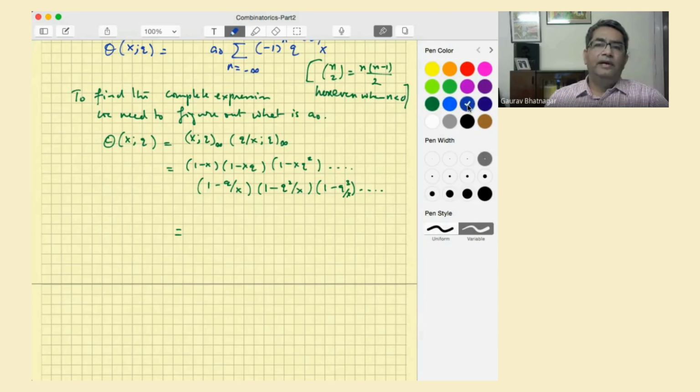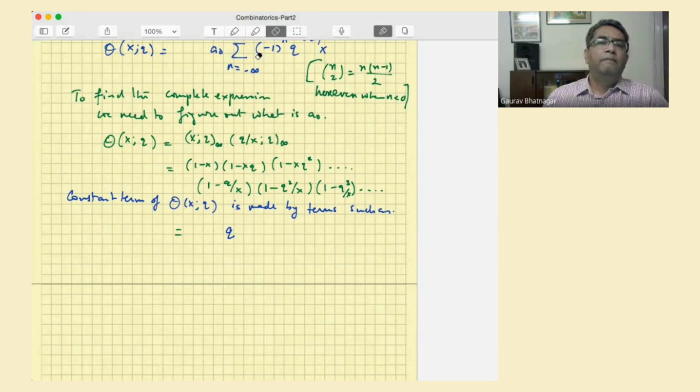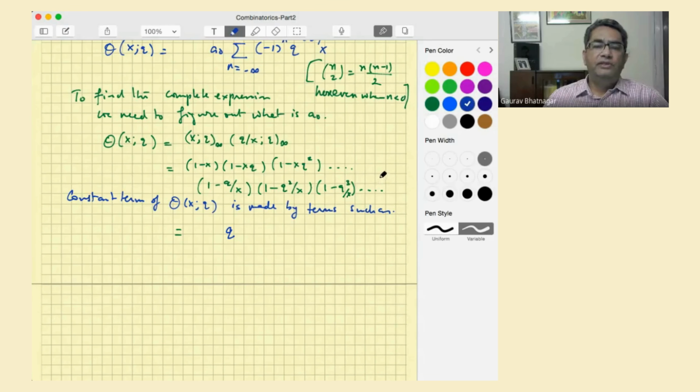So let me put it this way: we want the constant term of theta x q, which is made by terms such as, exactly R of these. So q raised to, let's call it, A1 plus A2 plus A3, and so on up till AR.